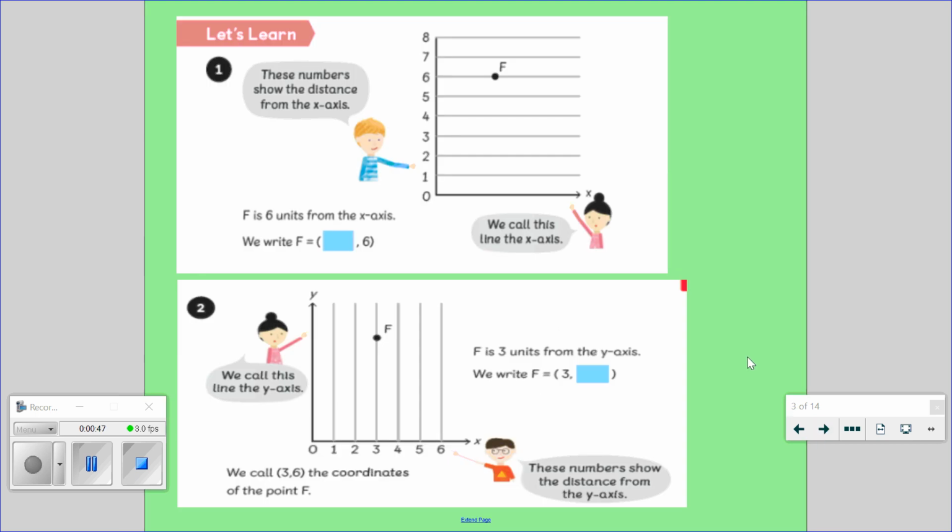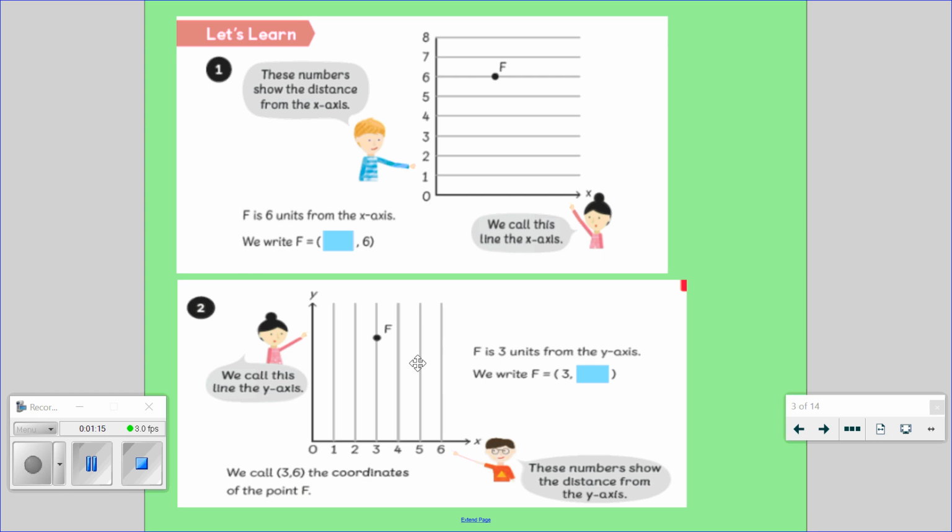So today we are looking at how to describe a position using what is called coordinates. That means grid reference numbers, just as Charles used. So if we have a look at what the 6 means, we can see here that F is 6 units from the x-axis. Here is the x-axis, and the fly is 6 units away from it.